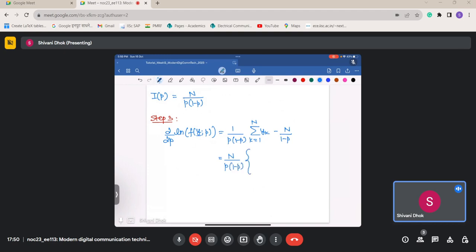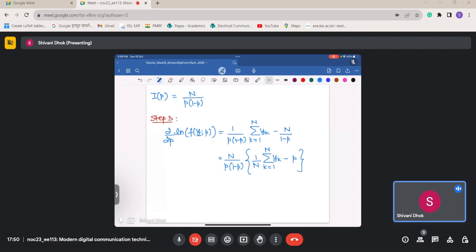Now from the first term we had taken out 1 upon p into (1 minus p). There was no n there, so we had to multiply by n and divide by n. So now what will be left is 1 upon n summation k equal to 1 to capital N yk. Now in this term we had n upon (1 minus p), but we didn't have this p, so we'll be left with p here.